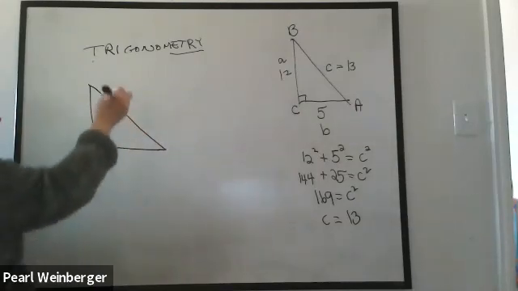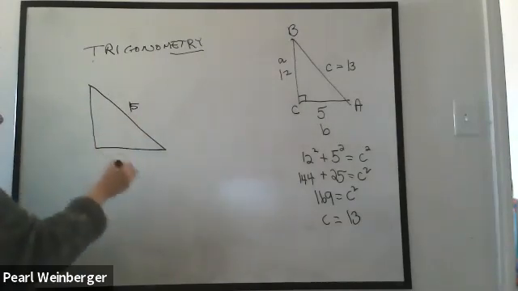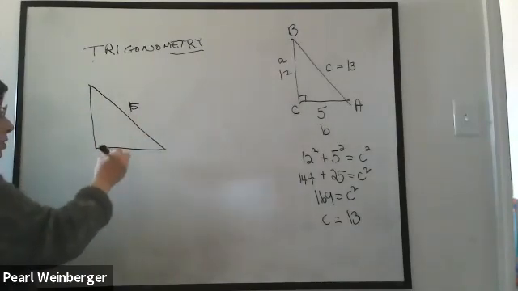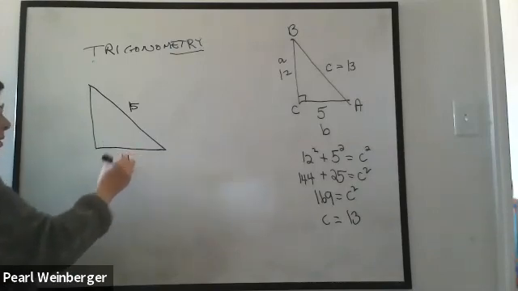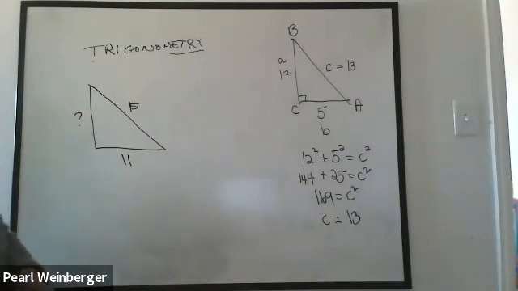And I'm going to call this side 15. And this side is going to be 11. And I want you to find this side. See if you can find that third side of the triangle. If it doesn't come out evenly like this, if it comes out to not a perfect square, then write your answer in radical form. If you can simplify it, simplify it.